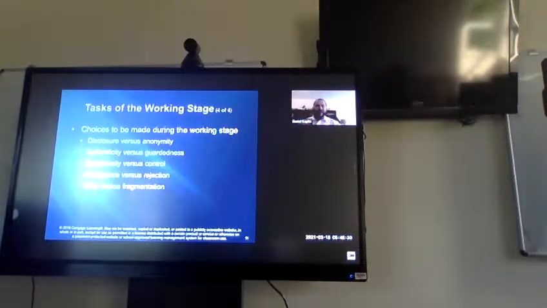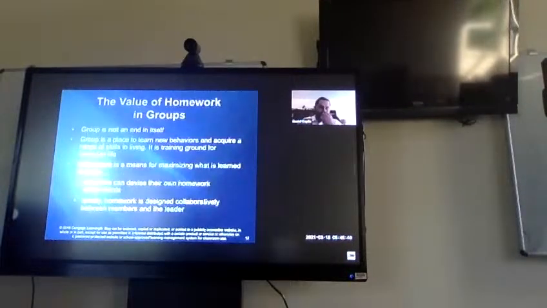Unity versus fragmentation. Unity or cohesion is absolutely essential for the working stage, right? Versus fragmentation, where people are working on their own agenda versus the collective goals of the group, that would be more fragmentation.